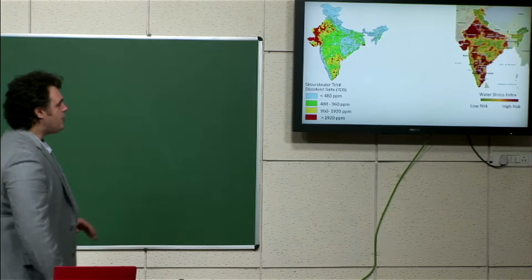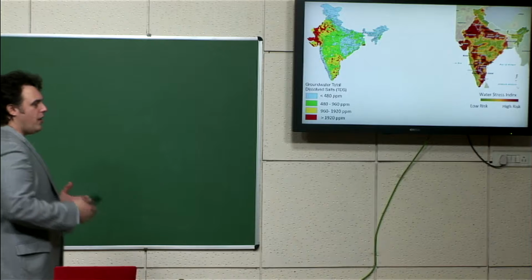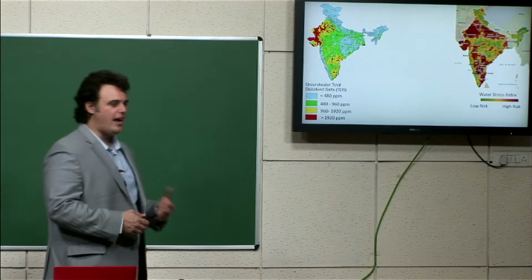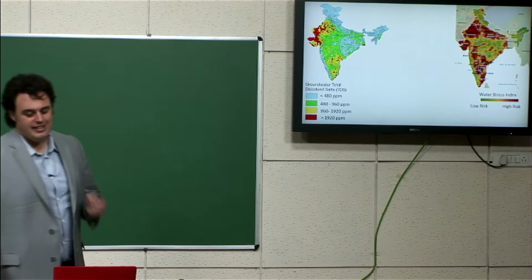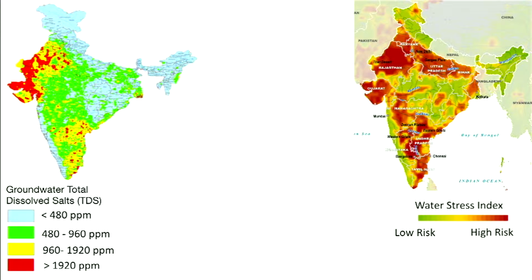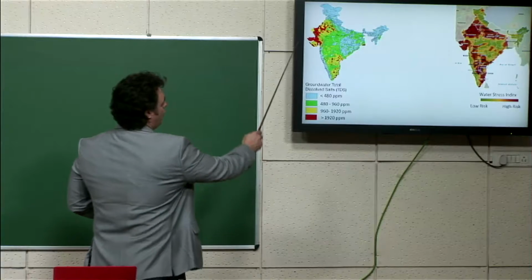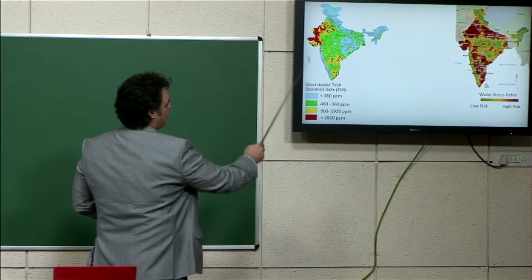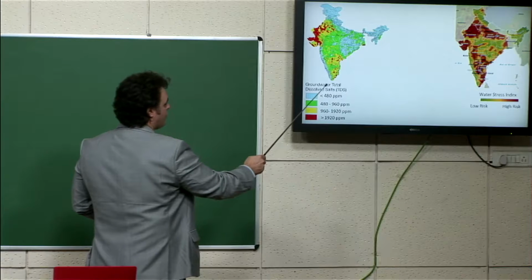So the first thing we tried to understand is what is going on with clean water in India? What actually makes the water dirty? And the most prevalent contaminant of water in this country is salt, actually. This is a map showing the salt level in water, the TDS, total dissolved salts, throughout the country.